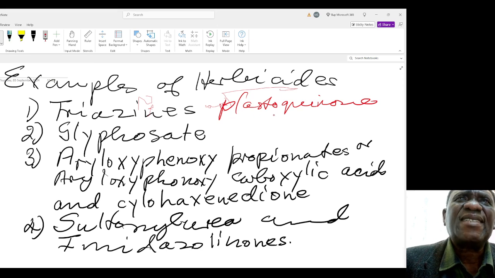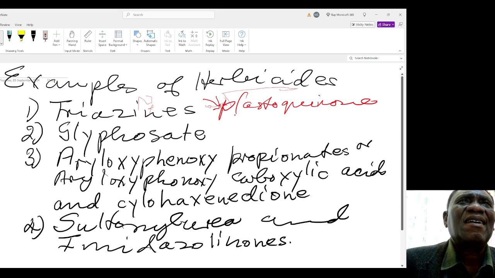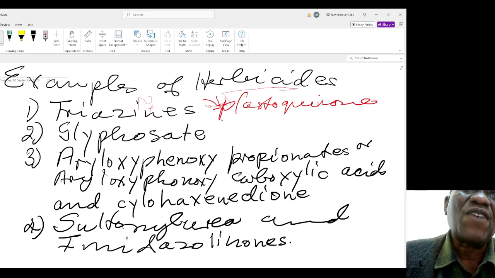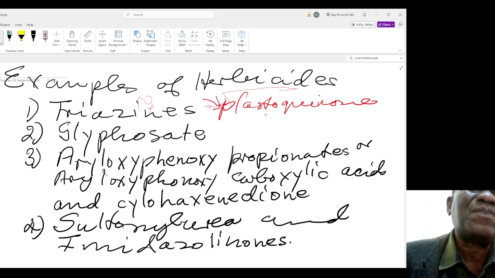Now, atrazine is to bind to this plastoquinone, express its mode of action, and kill the plant. But if the binding does not take place at the plastoquinone, then there's going to be selectivity.